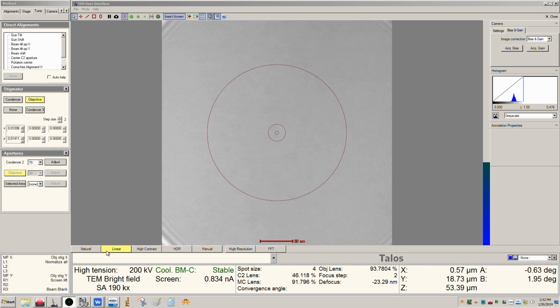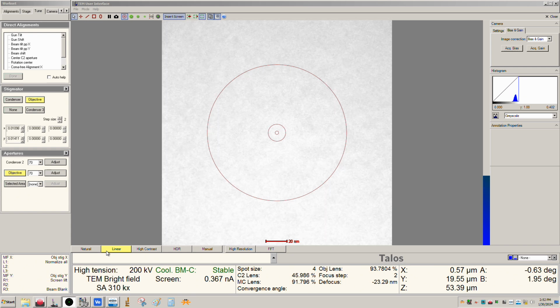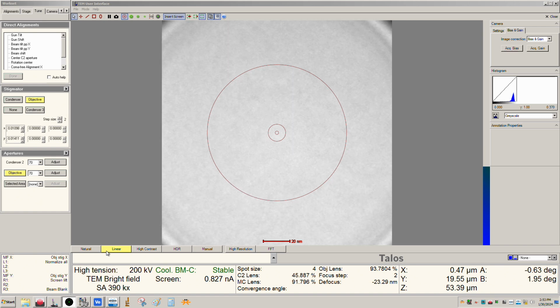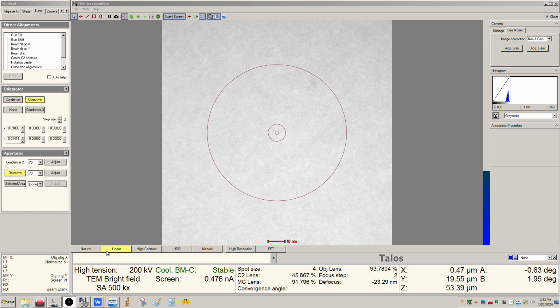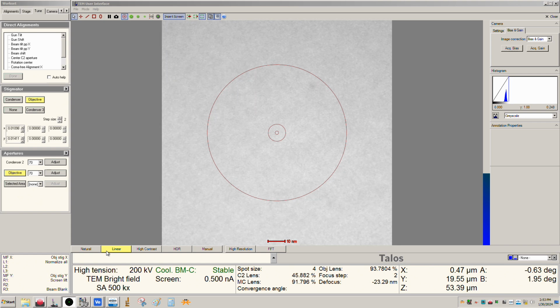All right, let me go back here. We've got a clean looking area here, so we'll leave it right here. Let me go back up to 500K.